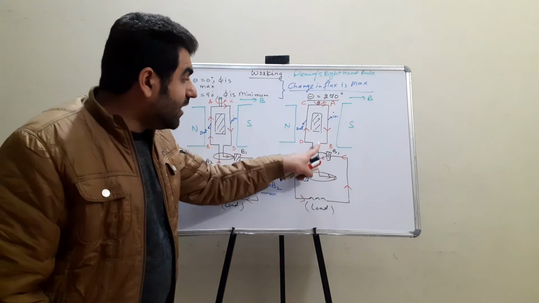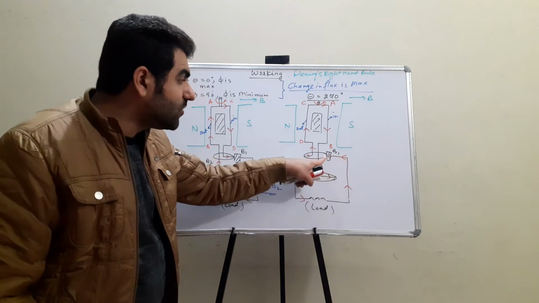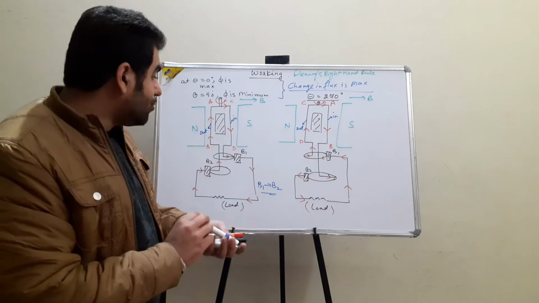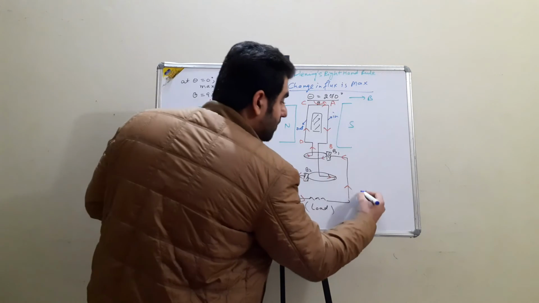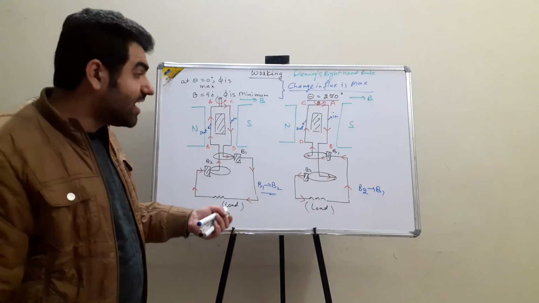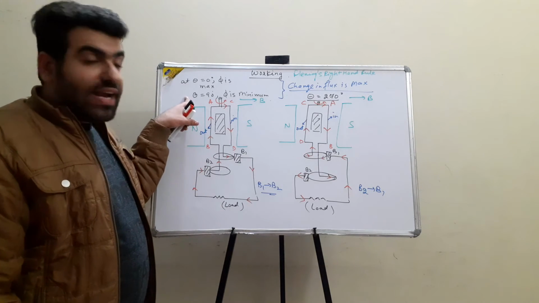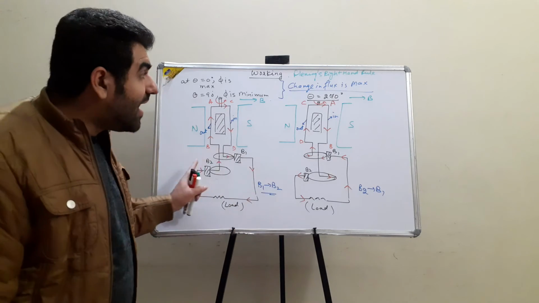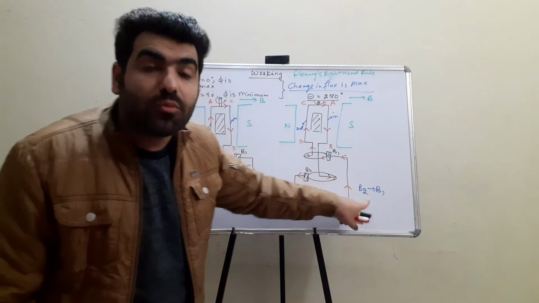So the current is from B2 to B1 externally. When this is the position at theta 90 degrees, the direction of flow of current was B1 to B2, but at theta 270 degrees, the current is from B2 to B1.